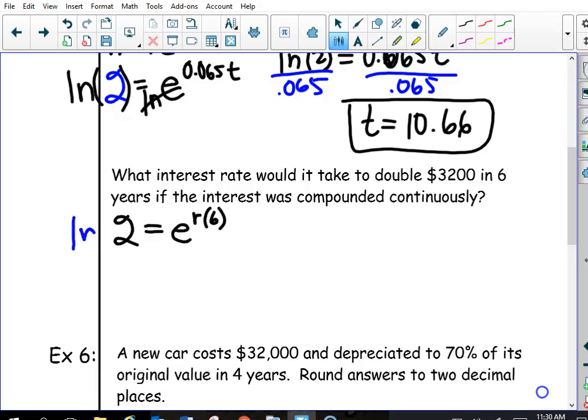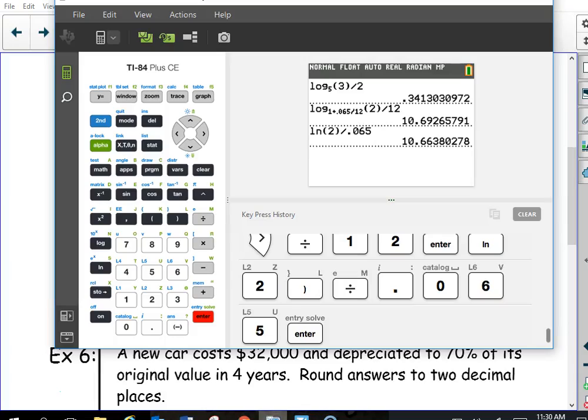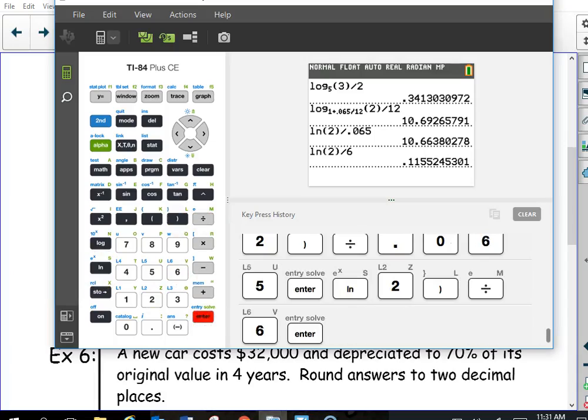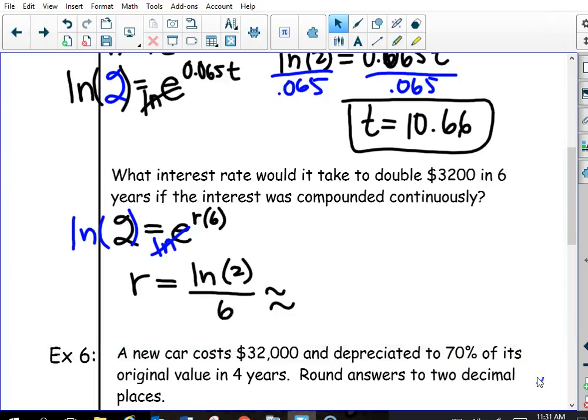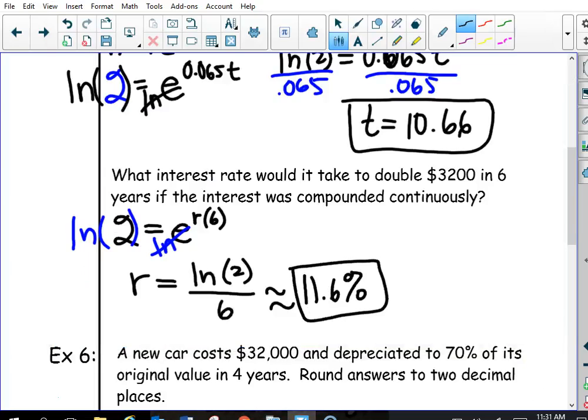So we're going to take the natural log of both sides, and I get r is equal to ln of 2 divided by 6, which is approximately an interest rate of about 11.6%. And they do want you to enter it in percent.